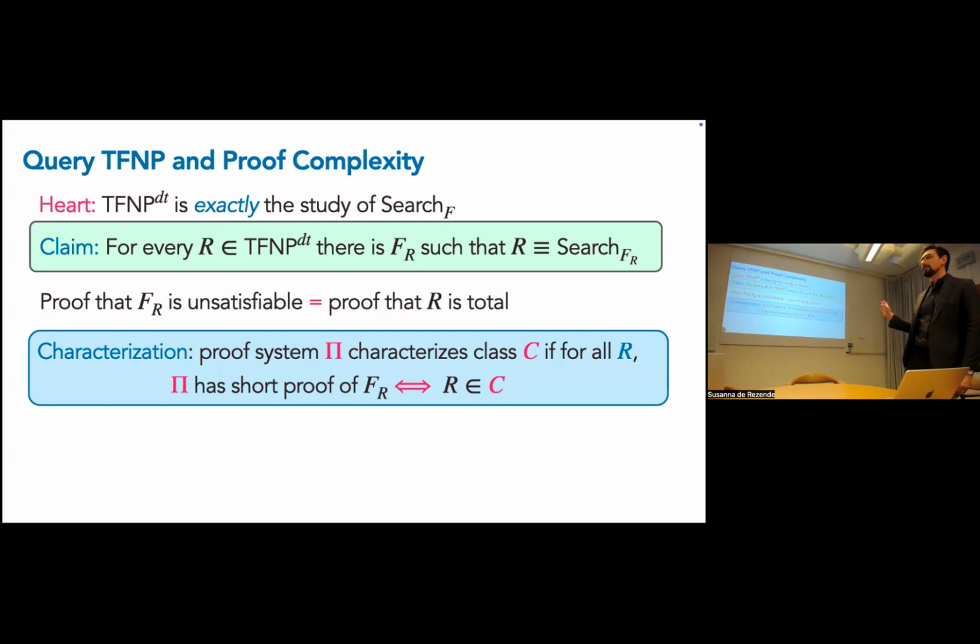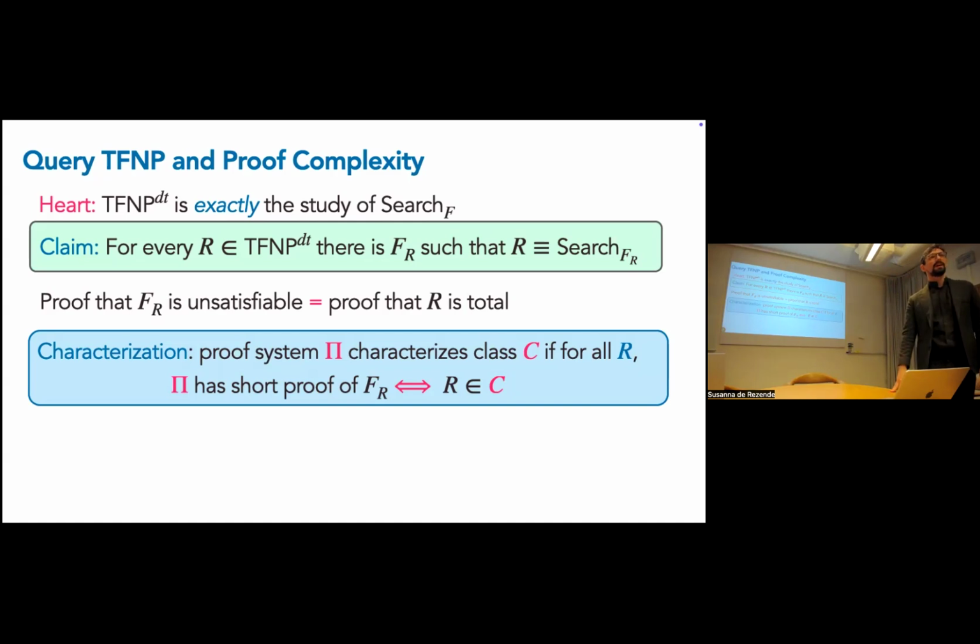So we're going to say that a proof system characterizes a class C if, for all search problems R, the proof system has a short proof of the associated formula that we just constructed if and only if R is in this class. By short, do you mean short and somewhat narrow? Yes.